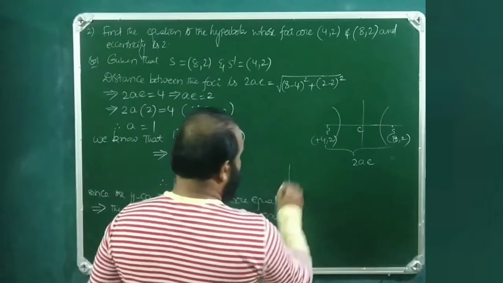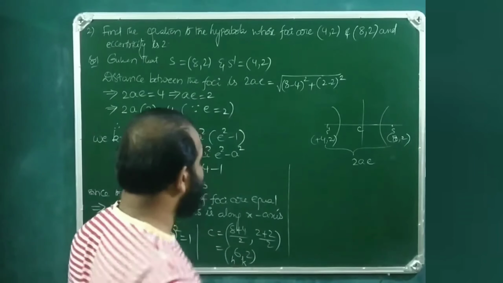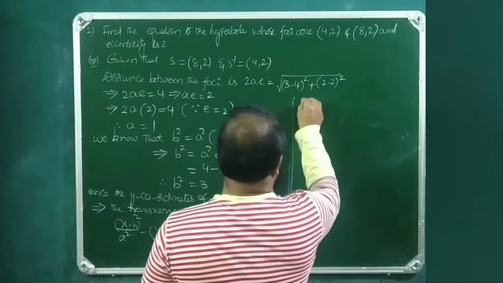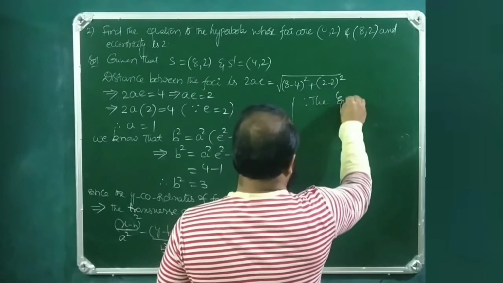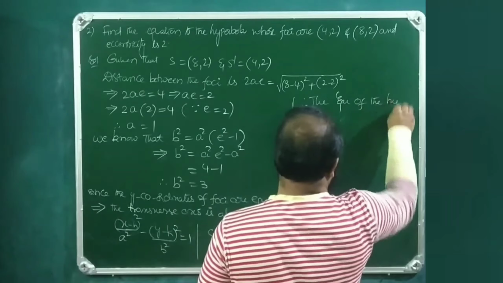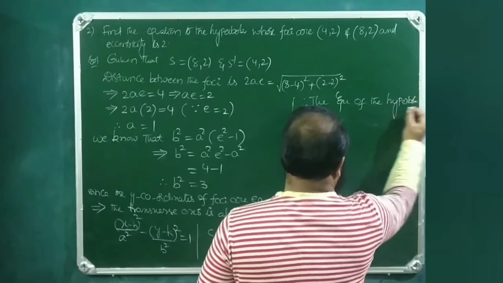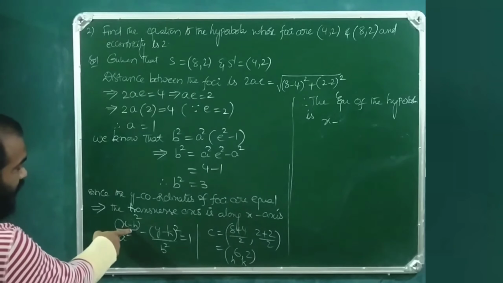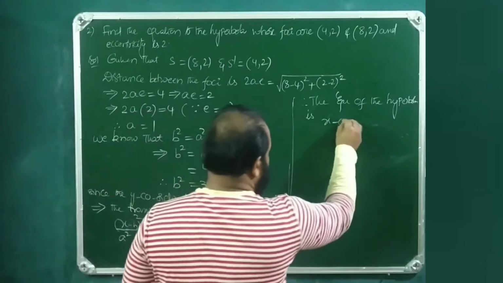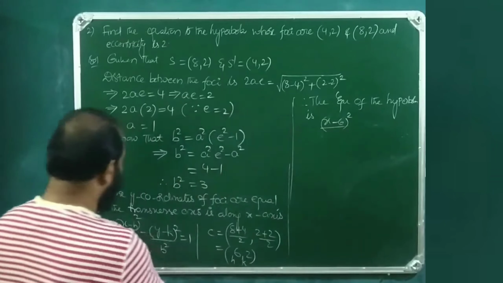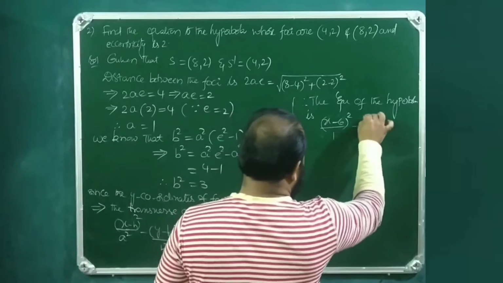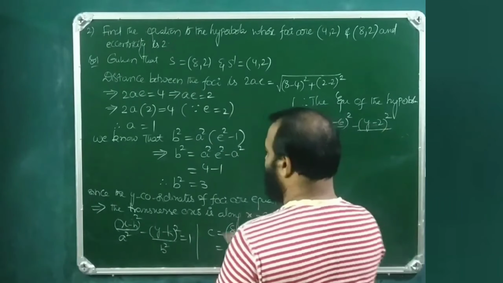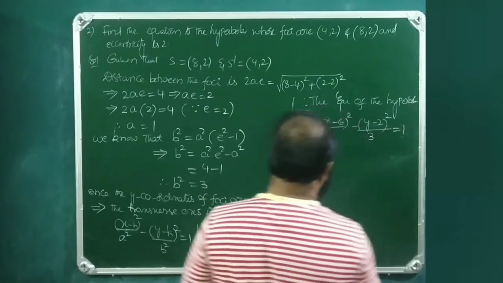So therefore the equation of the hyperbola is x minus h, which is 6 here, whole square by a square, which is 1, minus y minus k, which is 2, whole square by b square, which is 3, equals 1.